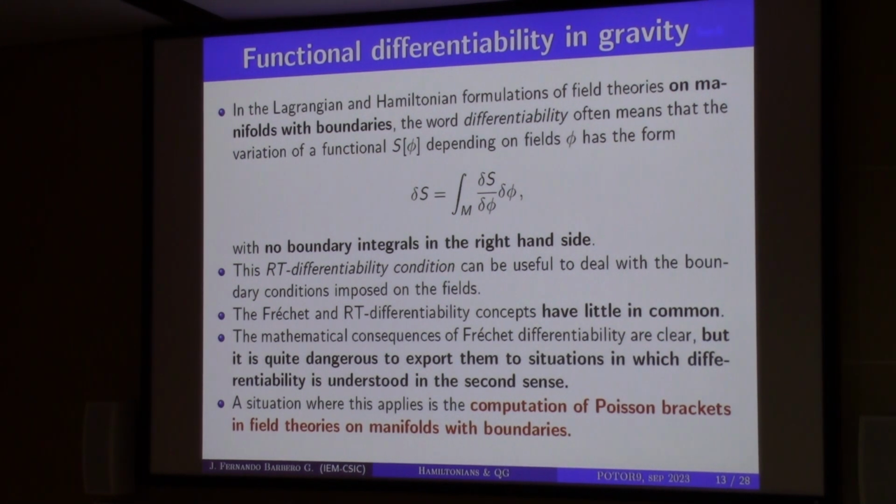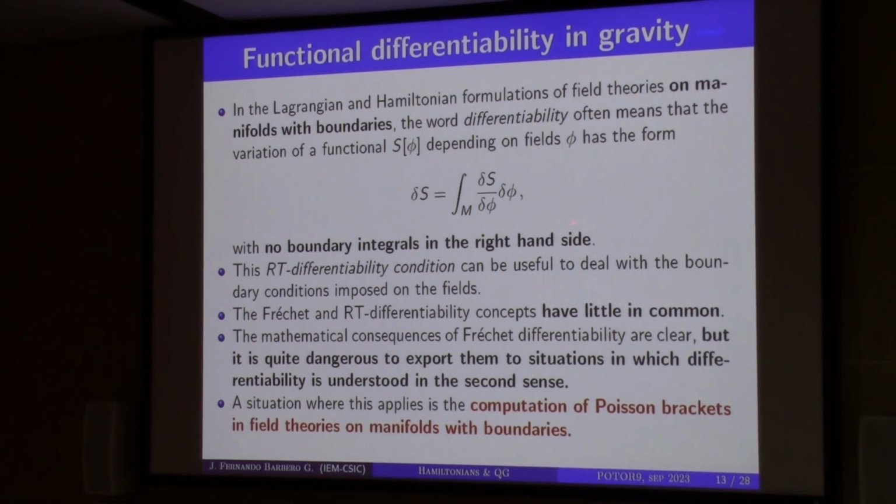Okay. But of course, if you think about this and you compare this definition with the standard Fréchet derivative, the differential, these things have very little in common. So you must be very careful if you are dealing with theories with boundaries and you have to compute, for example, functional derivatives, or discuss the differentiability of your functions because you want to compute Poisson brackets and things like that.